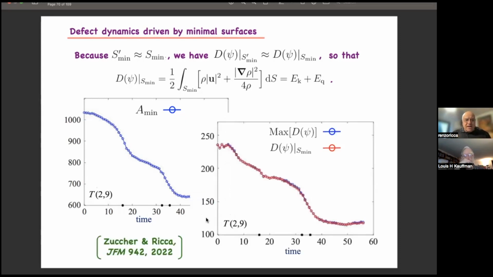Of course, this has been done several times, refining the grids, etc. Now, an amazing piece of work that Simone did is to check and look for the maximum of Dirichlet energy, screening all possible isophase surfaces, if you like, all possible Seifert surfaces of the defects, and compare this with the Dirichlet energy calculated on the minimum area, and we see an exact superposition.